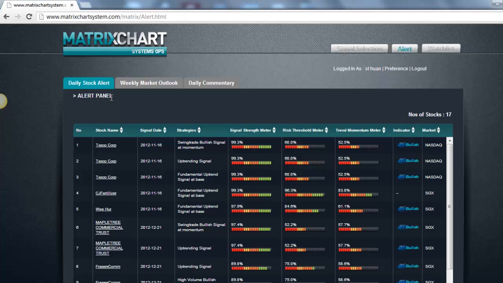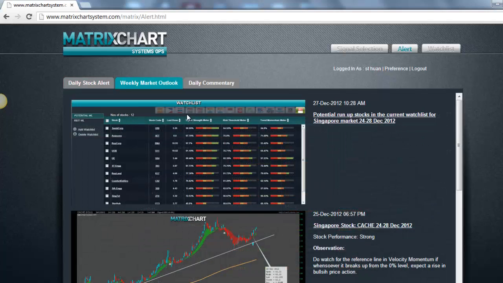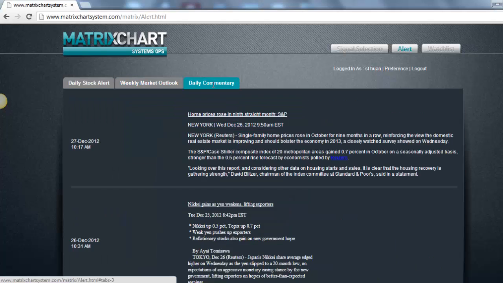Anytime a certain stock is about to run or trend, the stock will be handpicked by our guru and placed on this page. The weekly market outlook shows us hot tips once a week about the current market. And daily commentary is where you will find daily news feeds about the current market.